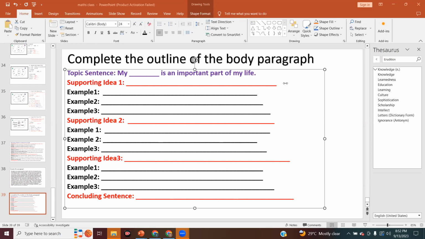China, what did you choose to write on? I'm still writing on education. Okay. And Ciara, what did you choose to write on? My family. Family, okay.